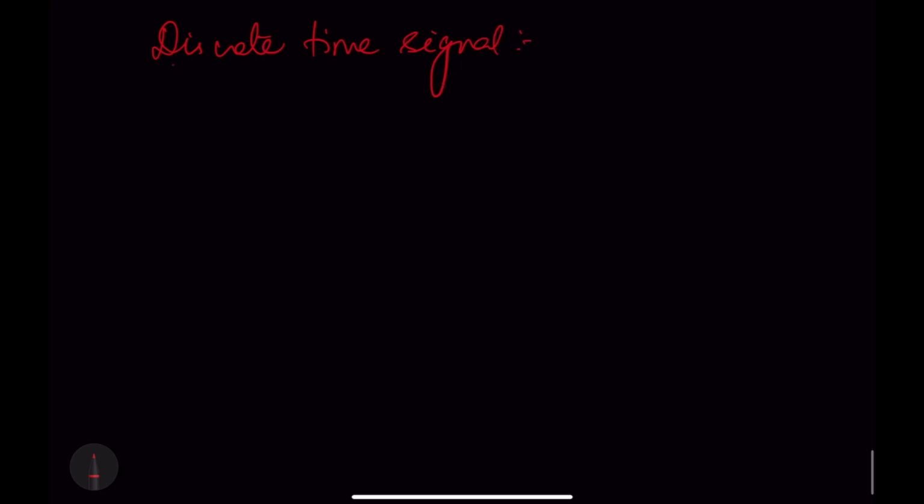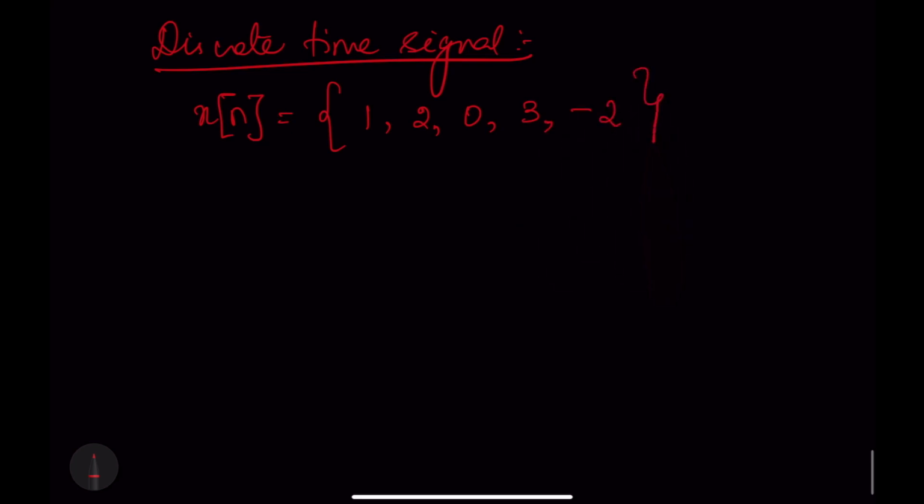So you are given a discrete time signal as 1, 2, 0, 3, minus 2. If you are given a sequence and asked to draw a discrete time signal, how will you draw? Because you don't know exactly where this value of 1 has to come, where this value of 2, or where this value of 0, 3 and minus 2 has to be plotted.